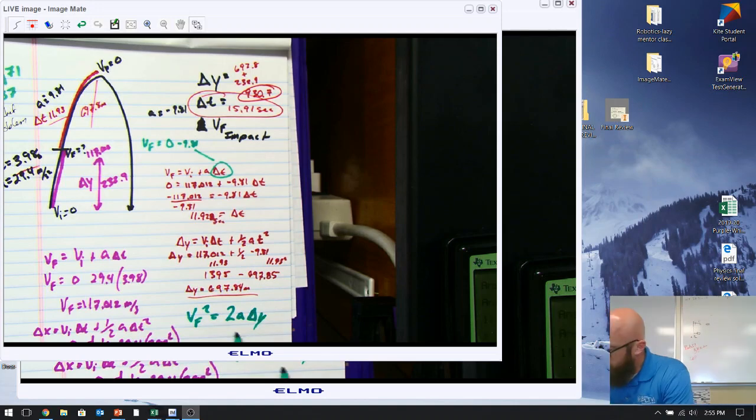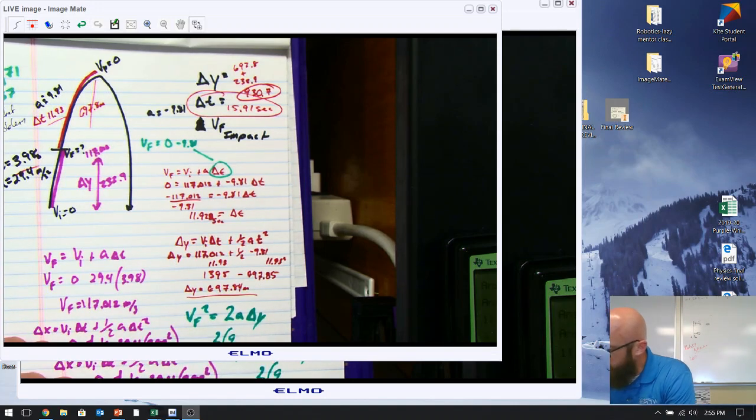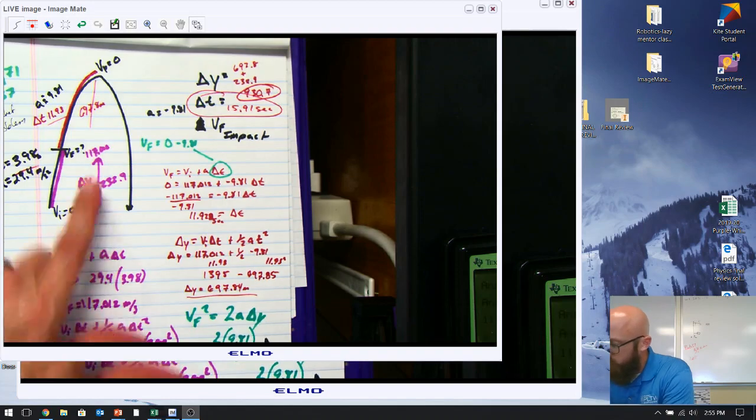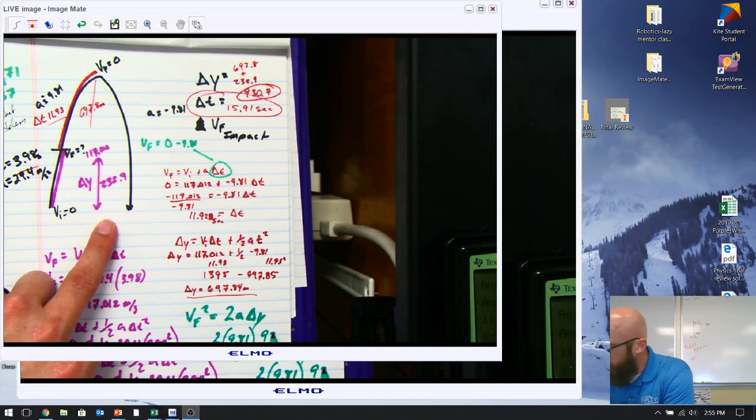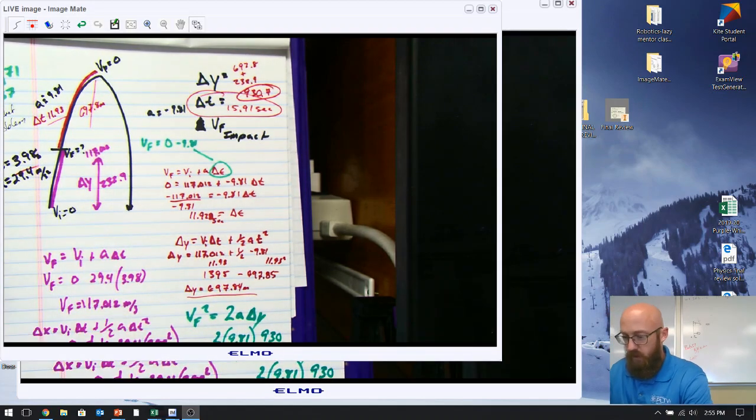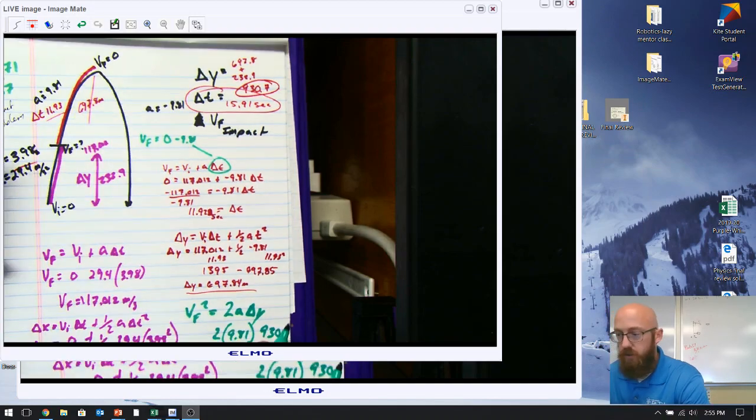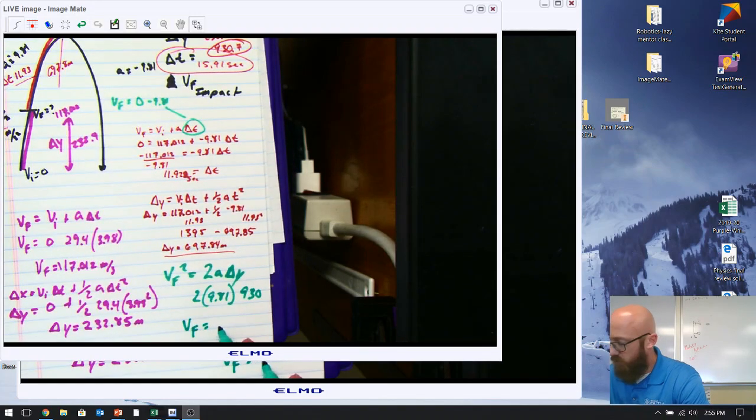So now we have 2 times 9.81 times our delta y of 930. 930 times 9.81 times 2, then square root that answer. Helps if my calculator fingers work. VF equals 135 meters per second upon impact.